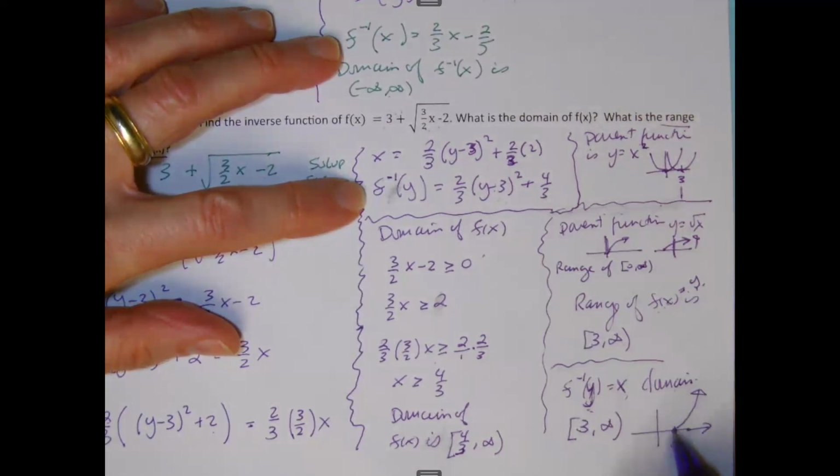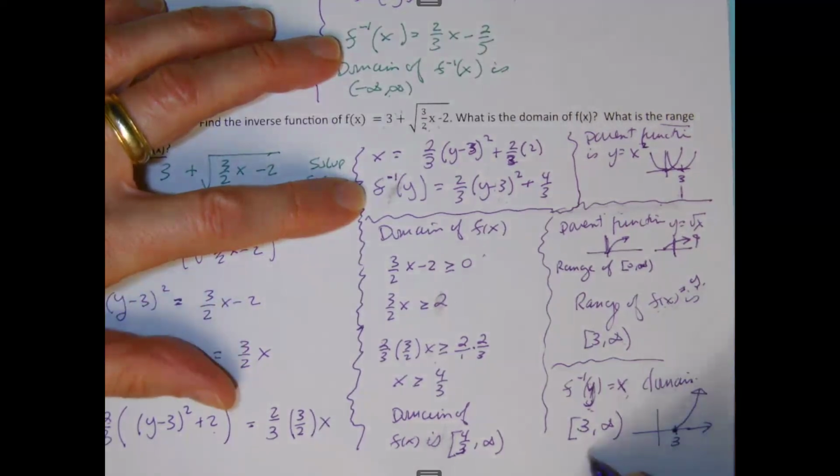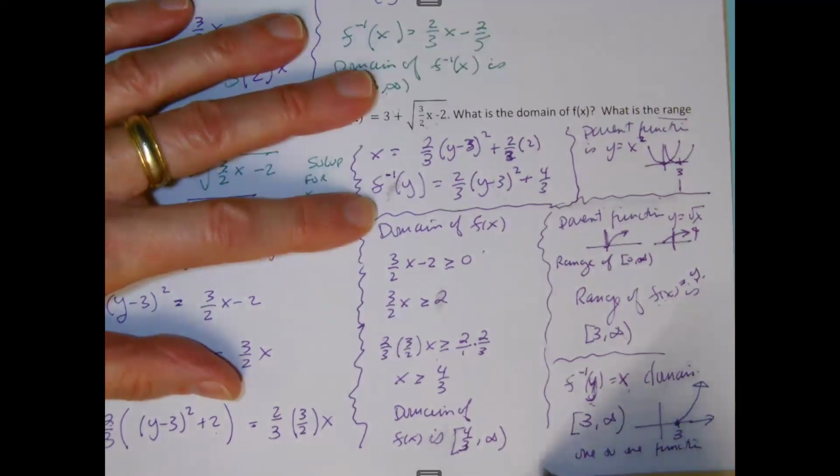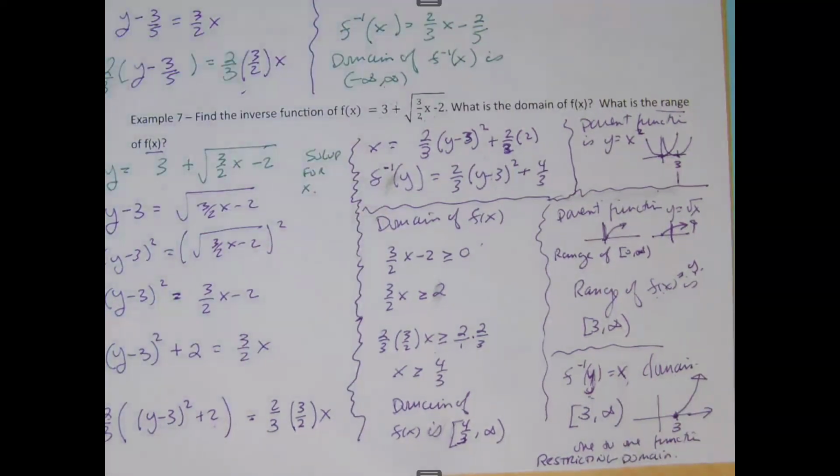If I only look at half of the parabola, all of a sudden I have a 1-to-1 function. So this is what we call restricting the domain, so that we have an inverse function.